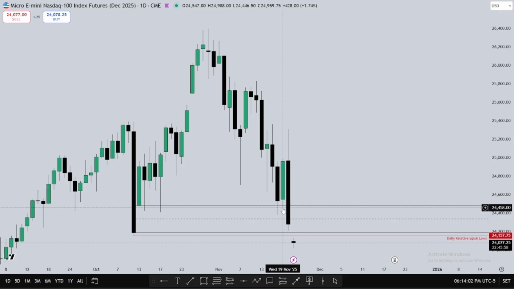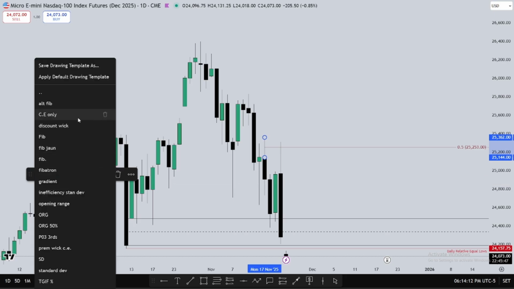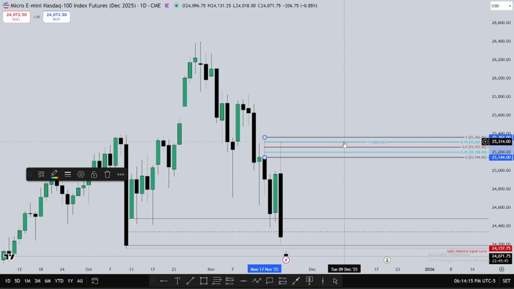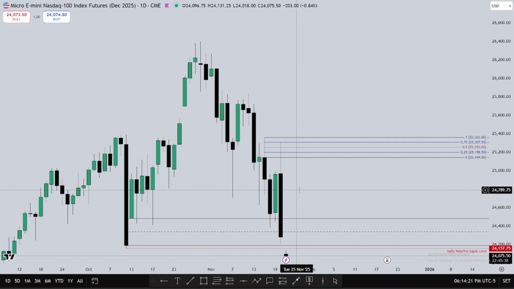What else do I need? I don't really care about that. I don't care about none of that either. Really, just this wick. I'll use the gradient.